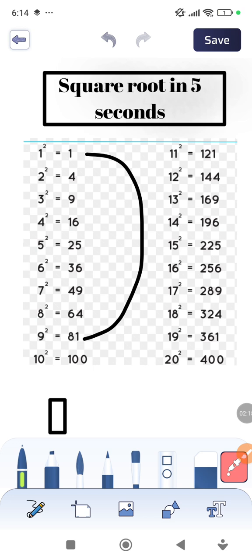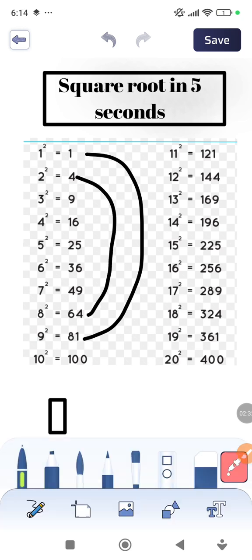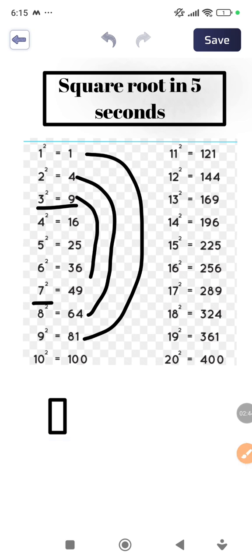Then we talk about 2, whose square ends with 4, and 8, whose square is 64, and its end digit is also 4. So we will match 2 and 8 together. Then 3: the square of 3 is 9 and the square of 7 is 49, and both of them end in 9, so we'll match them together.